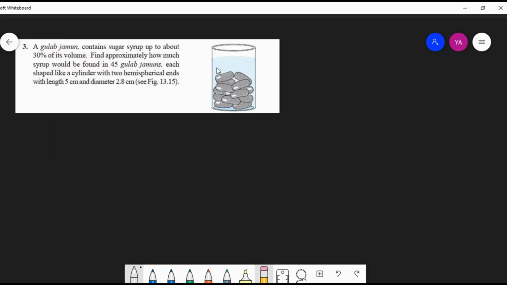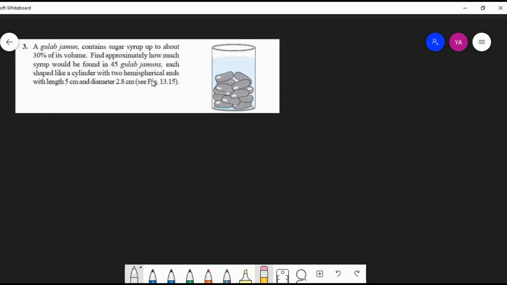Each gulab jamun is a cylinder attached with two hemispheres at the ends, and 30% of its volume is sugar syrup. We want to find the total amount of syrup in 45 gulab jamuns.